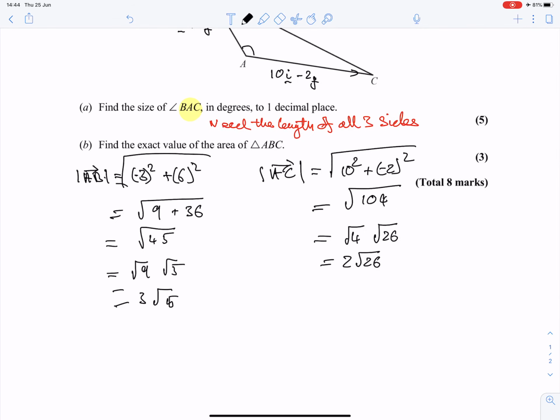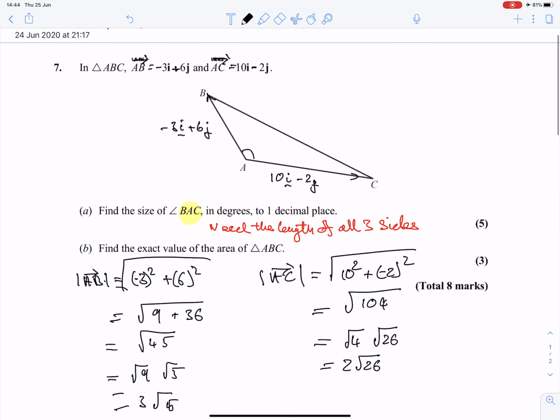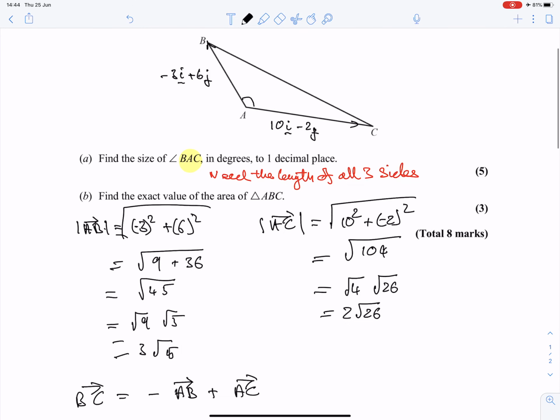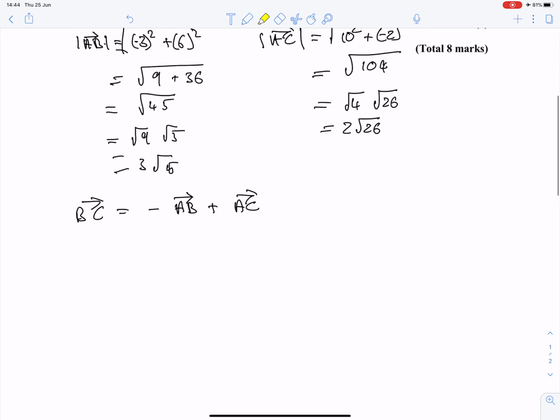So we know the vector BC is equal to minus the vector AB plus the vector AC. So to get from B to C, I'm going down this route, negative AB plus AC. That's what we've done.